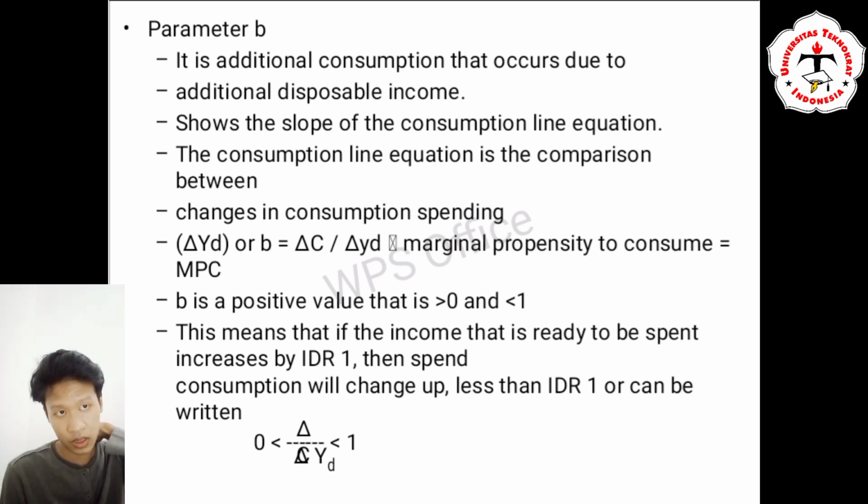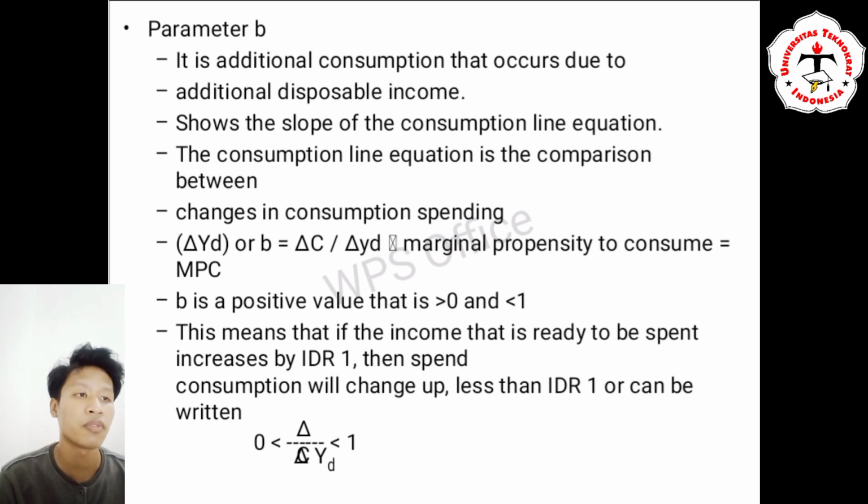Parameter B is the additional consumption that occurs due to additional disposable income. It shows the slope of the consumption line equation. The consumption line equation is the comparison between the change in consumption spending and the change in disposable income.